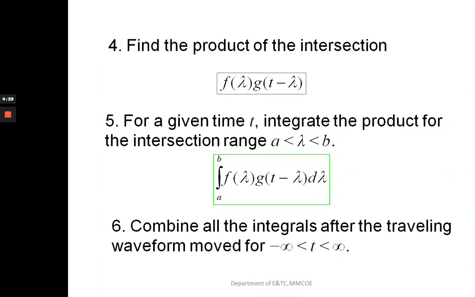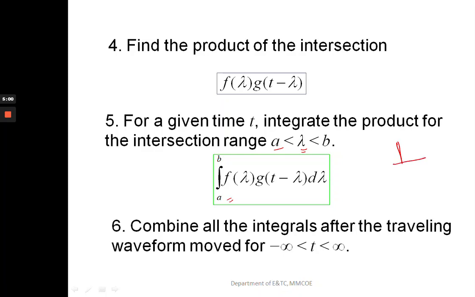Then find the product of the waveform in the tau domain and the inverted and shifted waveform. Take the product of these two. Then for a given time t, integrate the product over the intersection, lambda greater than a and less than b, meaning a becomes the lower limit and b the upper limit.